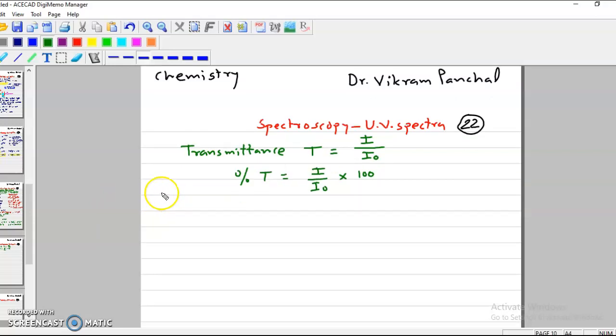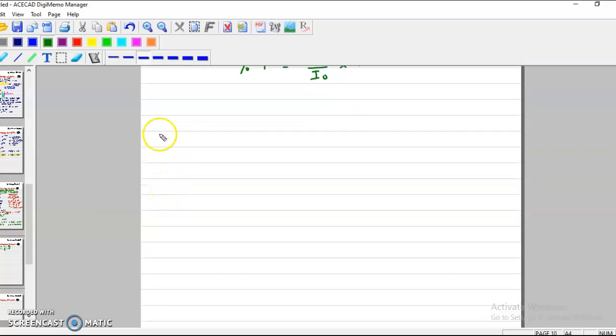Now, as you know, as the concentration of solution increases, transmittance decreases, and absorption increases. So if we plot percentage transmittance versus concentration, then suppose when sample and reference both contain only pure solvent where there is no solute, that means concentration is 0, the transmittance will be 100%.